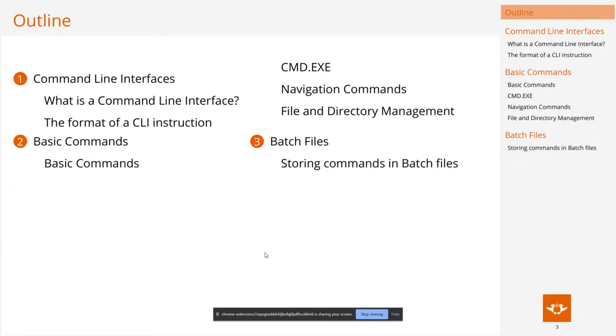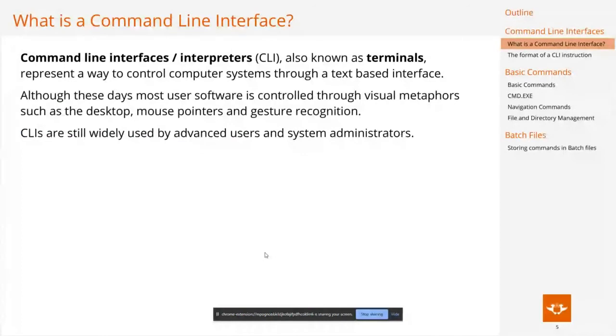With command line interfaces, we first have to understand what a command line interface is, sometimes known as a command line interpreter, or sometimes known as a terminal. In the Unix world, they talk about terminals quite often. It's a way to control a computer system through a textual interface, so you don't have a graphical user interface.